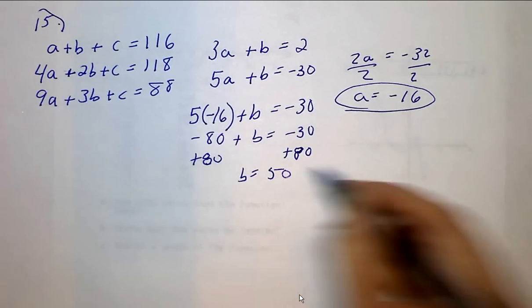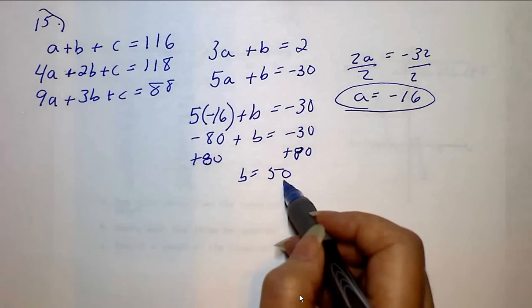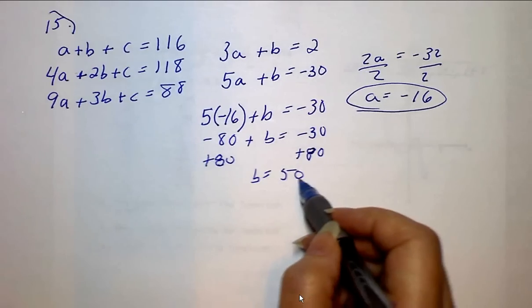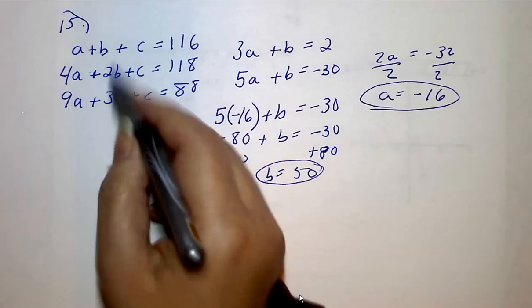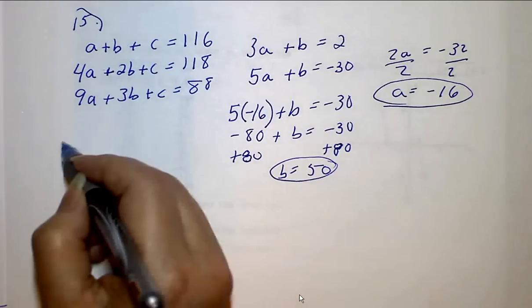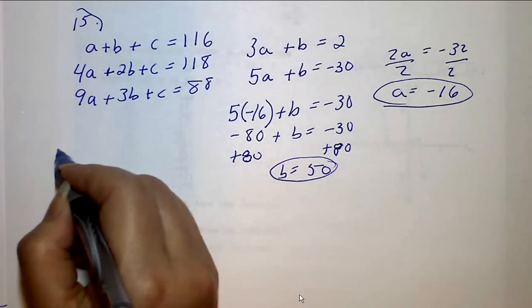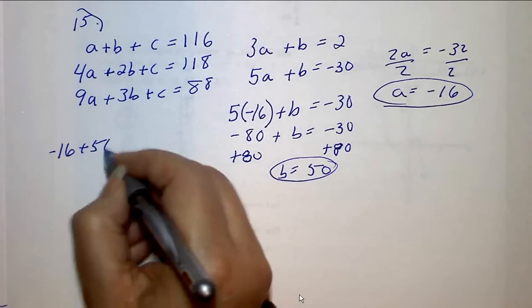And now I come back and put these two into one of these equations. It can be any one, so I'm going to take the top one. I'm going to take that a, so it's negative 16 plus b, so 50, plus c is equal to 116.